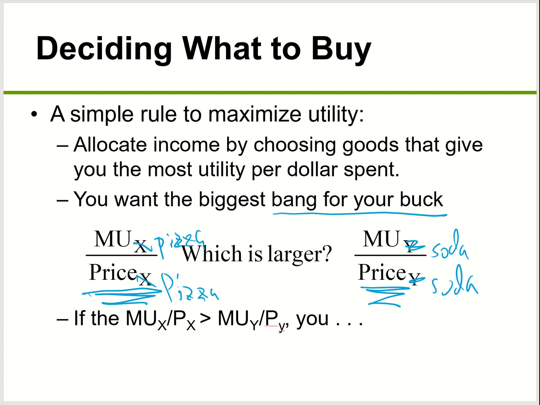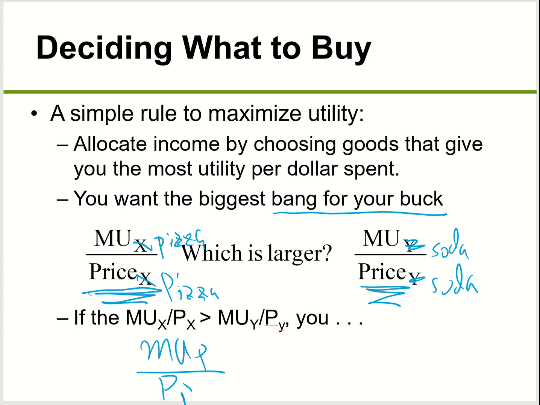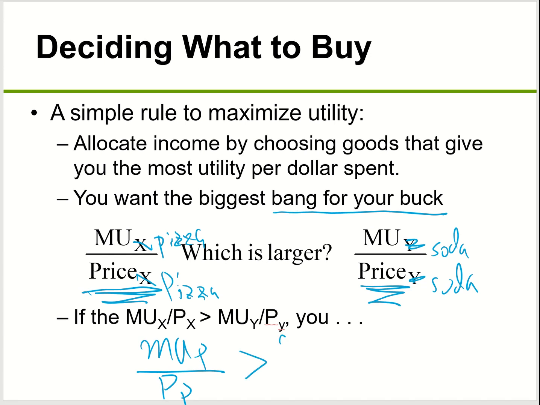All right, so if the marginal utility of pizza divided by the price of pizza is more than the marginal utility of soda divided by the price of soda, what that means is if you spend $1 more on pizza, you get more happiness out of that $1 than on soda. So what do you do? You buy more pizza, right?